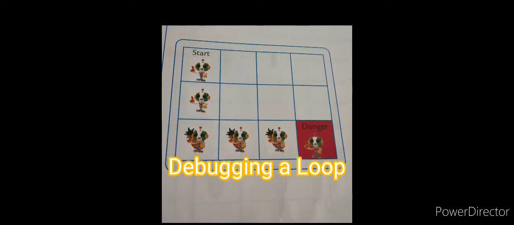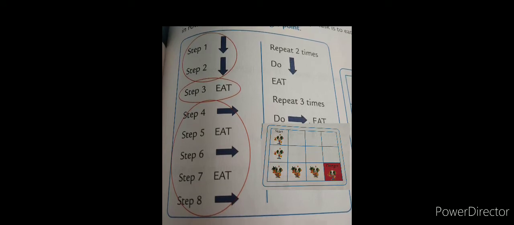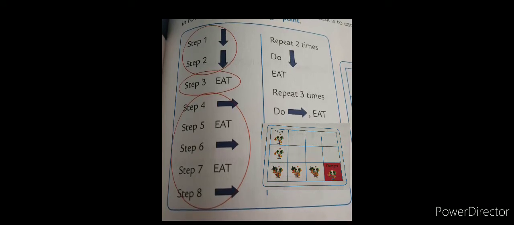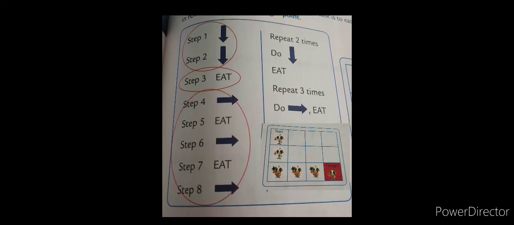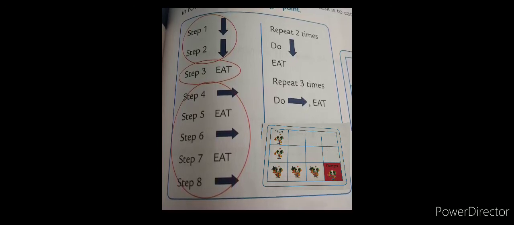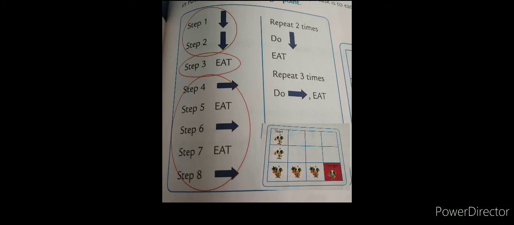As you can see in the picture, if we start from the start box, to reach the particular cell with the help of this set of instructions: step 1 down, step 2 down, eat fruit, step 4 right, eat, step 5 eat, step 6 right, step 7 eat, step 8 right. So these are the set of instructions.